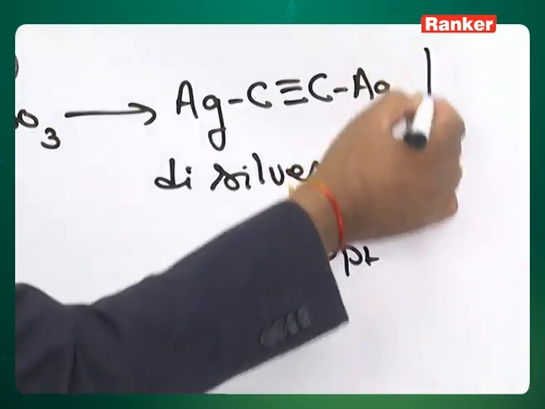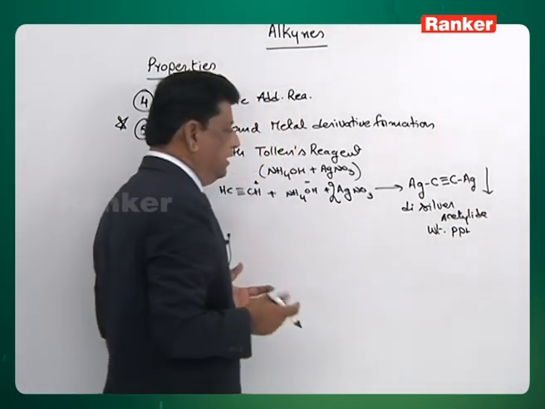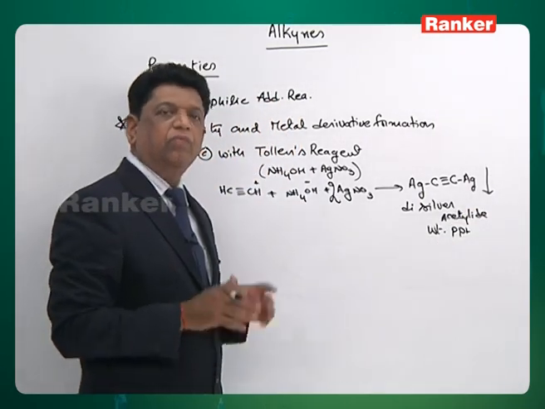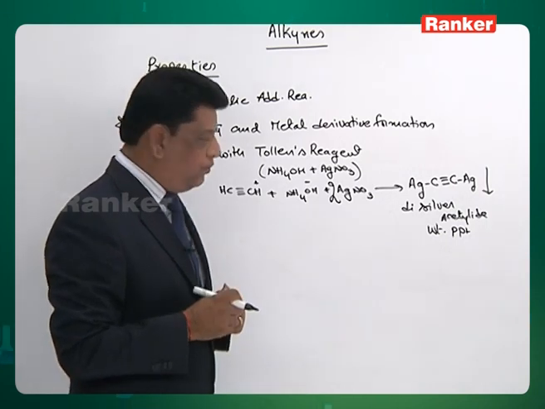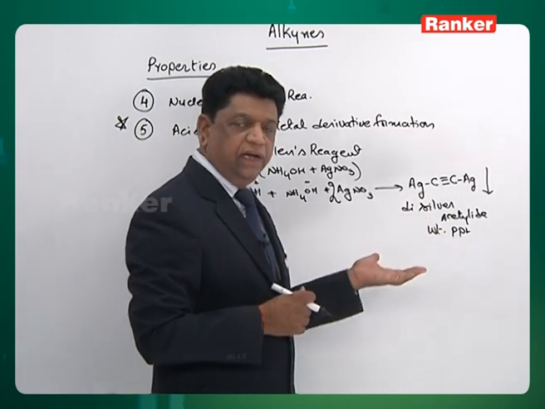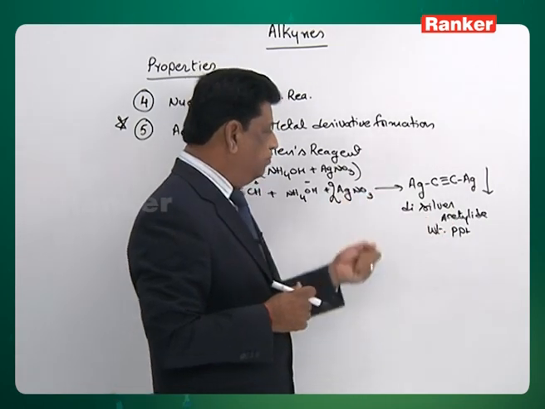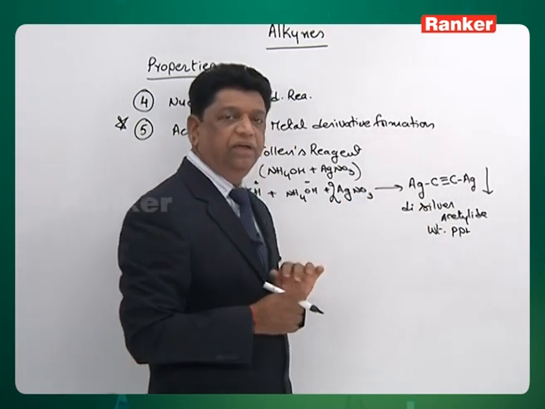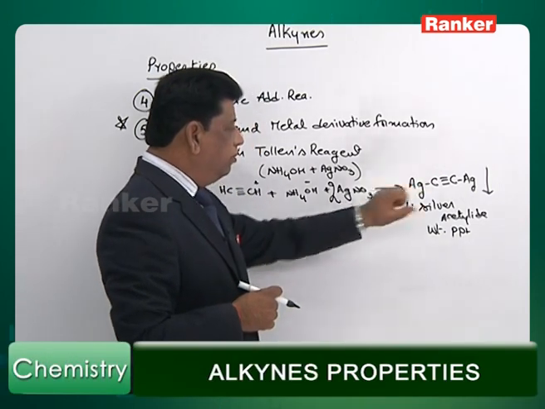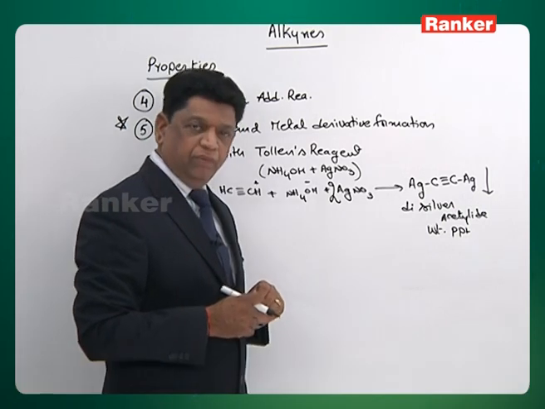So, whenever in an organic reaction a compound becomes a precipitate, you have one application, called quantitative application. The precipitate you can filter and dry, take the weight of the compound, and divide it by molecular weight. Weight by molecular weight will give the moles. So, how many moles of silver acetylide are formed?